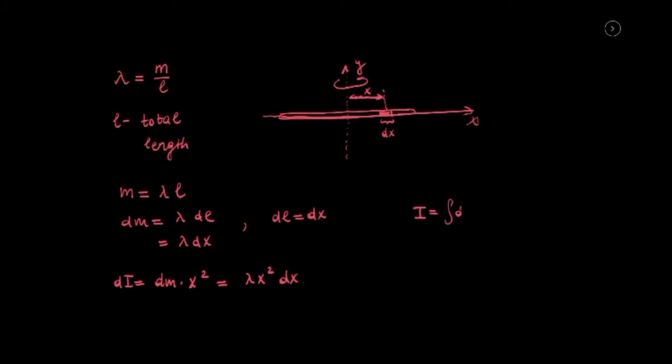So I is the integral of lambda x squared dx. x changes from minus L divided by 2 to L divided by 2, and we get lambda x cubed divided by 3, from minus L/2 to L/2.